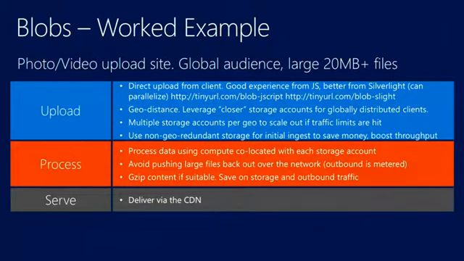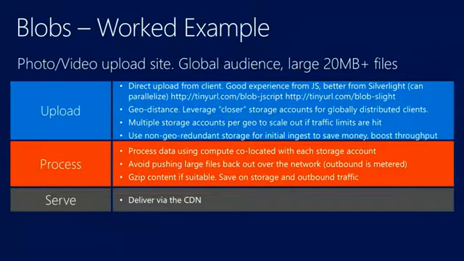Take account of the geodistance. Send consumers to their nearest possible storage server, therefore to the nearest possible Windows Azure data center around the world. So basically upload into different data centers. If you need to scale out because you're hitting traffic limits, use multiple storage accounts per geography.